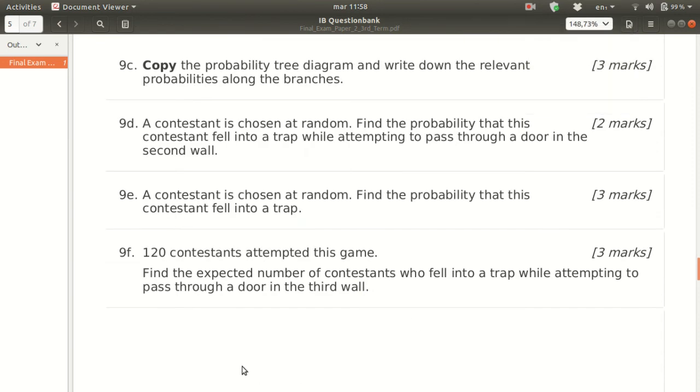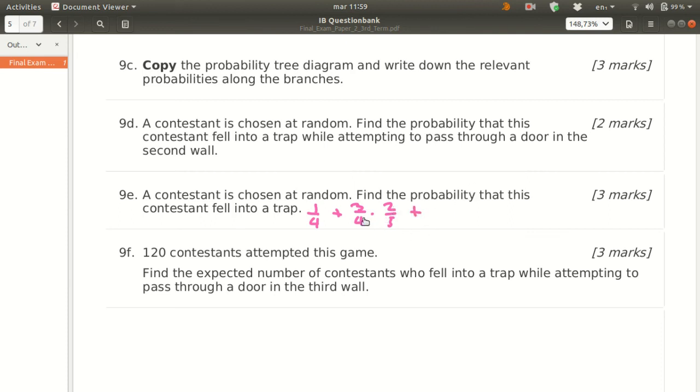That's the second, and we multiply. Okay, a contestant is chosen at random. Find the probability that the contestant fell into a trap. If he falls into the first trap, that's 1/4, plus, if he falls into the second trap, that would be 3/4 times 2/5. He makes it past the first door, doesn't make it past the second.